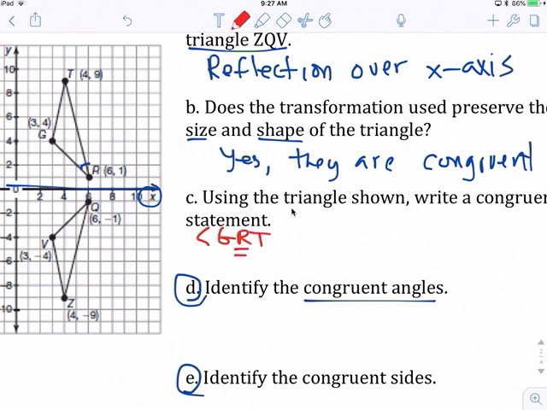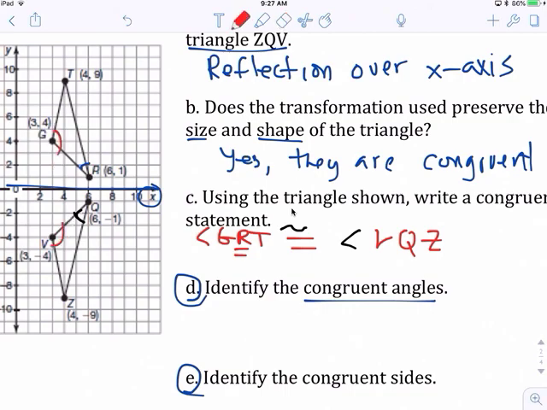R is in the middle, we're talking GRT, or TRG, whichever way you look at it, is congruent to, congruent sign, make sure it's the equal with a squiggly like this, congruent to angle, talking about Q. So we started with G, and G corresponds to V. So V, Q, Z. Okay, they're congruent.